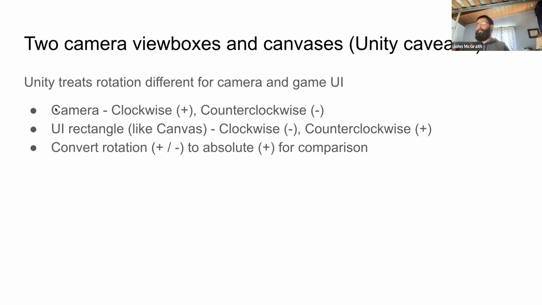Remember, clockwise and counterclockwise have opposite values for camera and UI rectangle. And if you're going to compare rotation angles, I recommend that you convert to absolute value for comparison. That will be necessary for future comparisons and aspect ratio scalings.